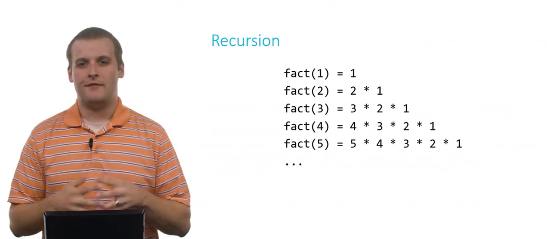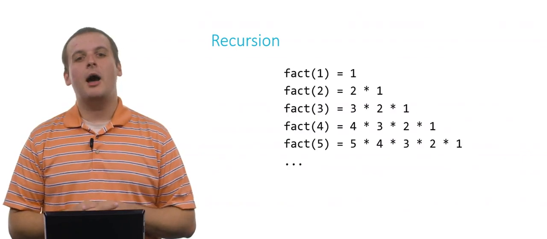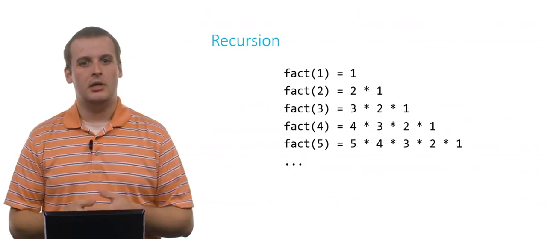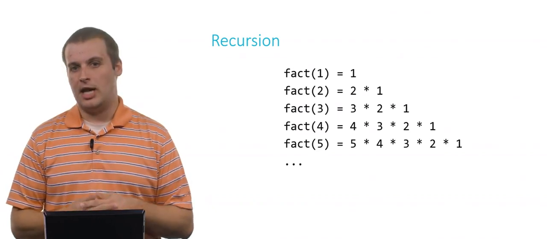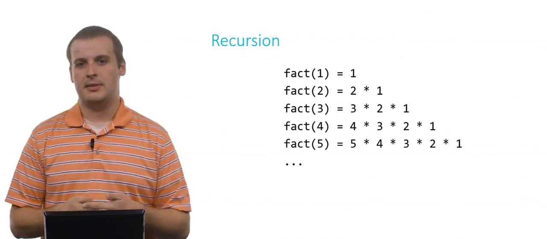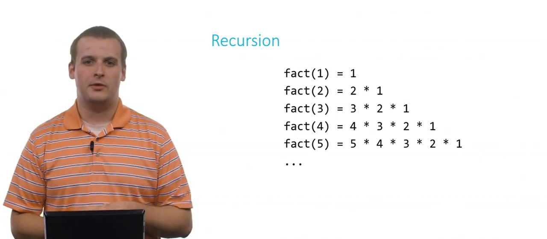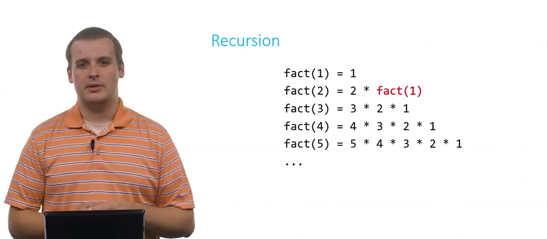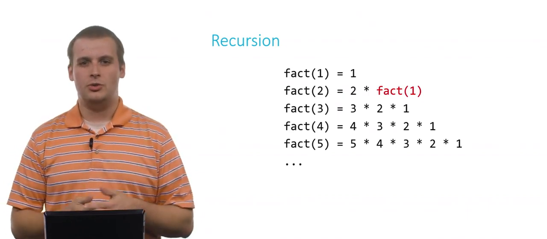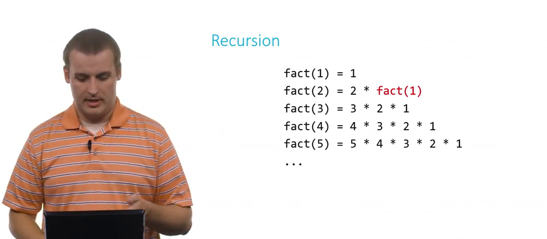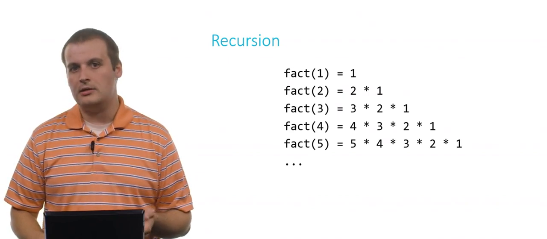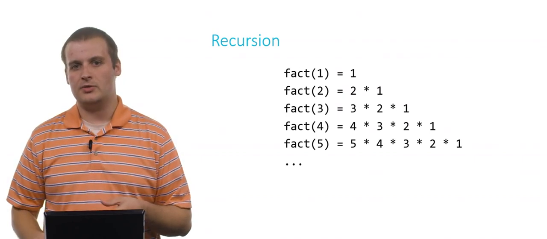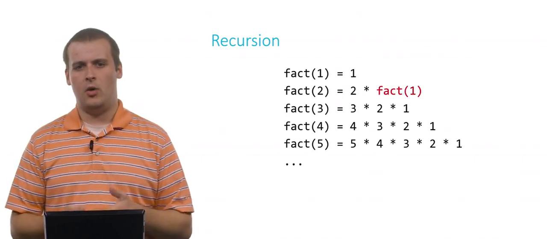Here are a couple of facts, pun intended, about the factorial function. The factorial of 1, as I said, is 1. The factorial of 2 is 2 times 1. The factorial of 3 is 3 times 2 times 1, and so on. We talked about 4 and 5 already. But looking at this, isn't factorial of 2 just 2 times the factorial of 1? I mean, the factorial of 1 is 1. So why can't we say that since factorial of 2 is 2 times 1, it's really just 2 times the factorial of 1?